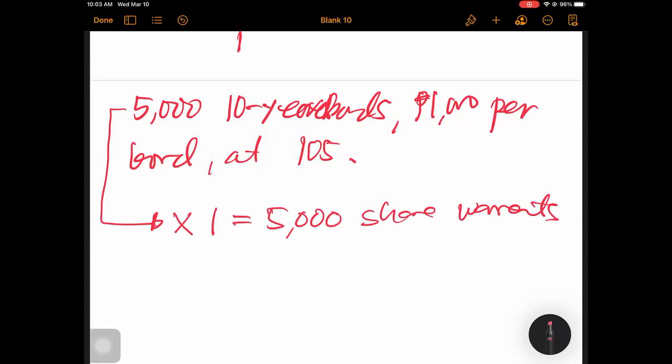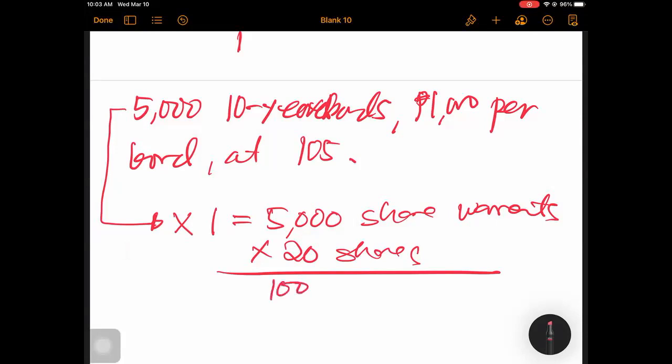Each warrant pwede gamiton ni holder to purchase 20 shares. Therefore, kung atong i-compute pila ang pwede paliton tanan ni holder, moabot siya pwede mo-exercise og 100,000 shares.